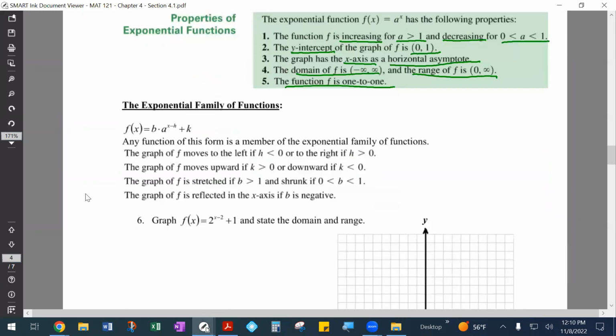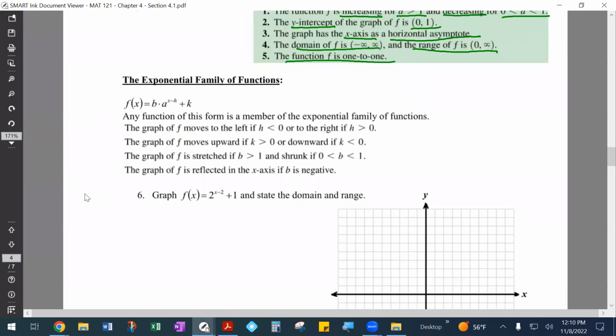Okay, we're getting into the transformations now. So kind of the same variables that we saw in chapter 2. The K value will of course tell you if your graph is moving up and down. So if K is positive, your graph will move upward. If your K is negative, the graph moves downwards, the same thing as you saw previously.